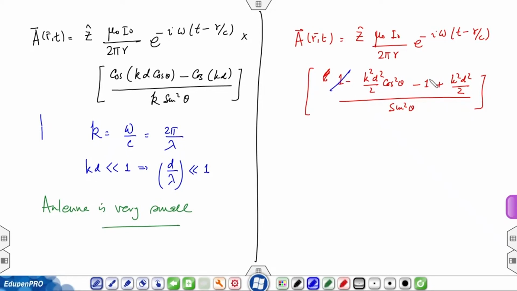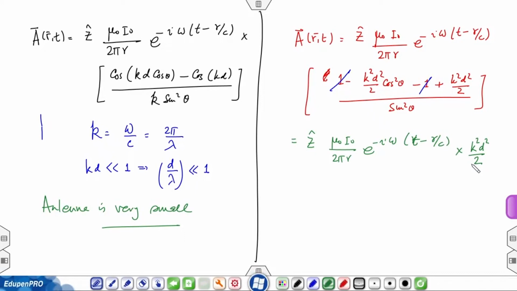This one cancels and you get this equal to z mu 0 I 0 over 2 pi r e raised to minus i omega (t minus r over c) times k square d square divided by 2. That is the vector potential.